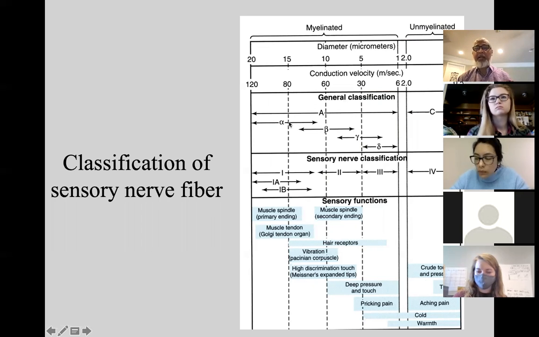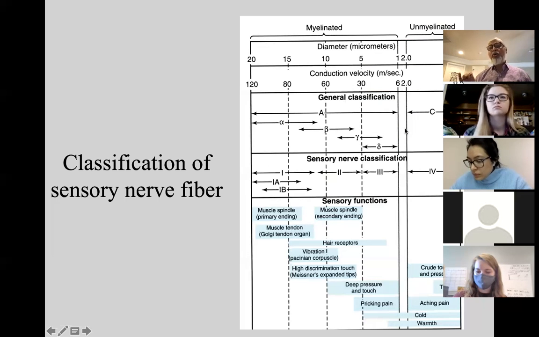They are subdivided into alpha, beta, gamma, and delta. We say A alpha, A beta, A gamma, A delta. They are all A fibers. Depending on the diameter, they are divided into 4 groups. And unmyelinated fibers are called C fibers. There is no subcategory within those, just C fibers. When we say C fibers, we know that these are unmyelinated fibers.